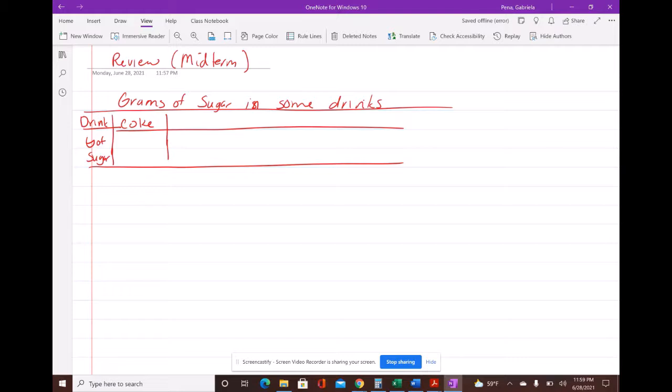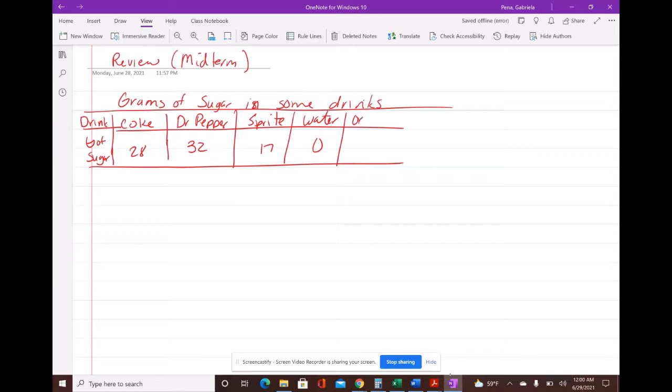So let's say Coke has 28 grams. Let's say we have Dr. Pepper, and Dr. Pepper has 32 grams of sugar. Then we have Sprite, and Sprite only has 17. We have water. Water has no sugar.